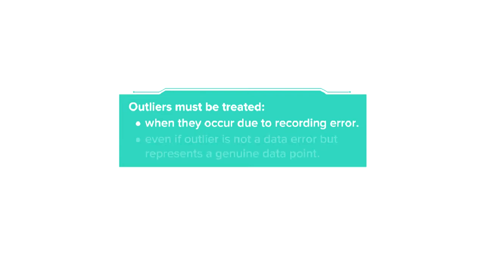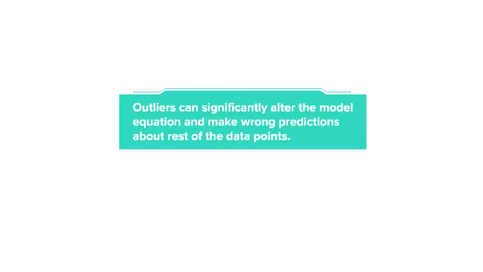Hope now you have understood how outliers can cause serious problems in our analysis and hence why it is important to treat them beforehand. When outliers occur due to a recording error, it is imperative that we treat them. Even if you believe the outlier is not a data error but represents a genuine data point, it is advisable to treat it since its presence can significantly alter the model equation and make wrong predictions about the rest of the data points.